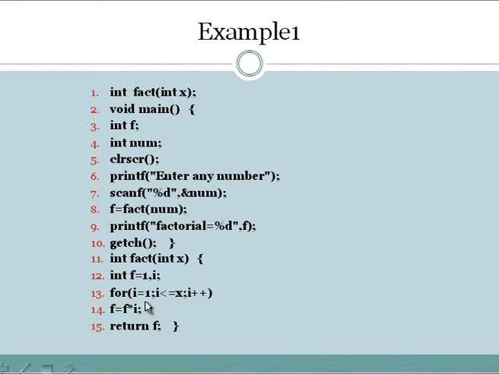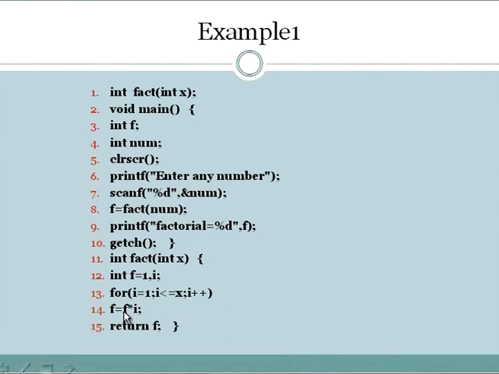So the first time the value of i is 1, the value of f is also 1, so 1 multiplied by 1. In this cycle, the value of f will become 1. Then the value of i will be incremented by 1. The new value of i will become 2. 2 is less than or equal to 3. Yes, the condition is true.